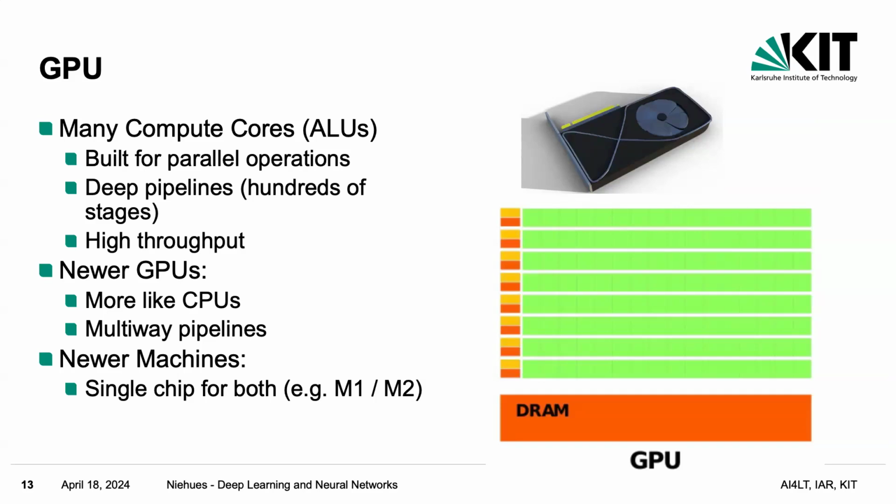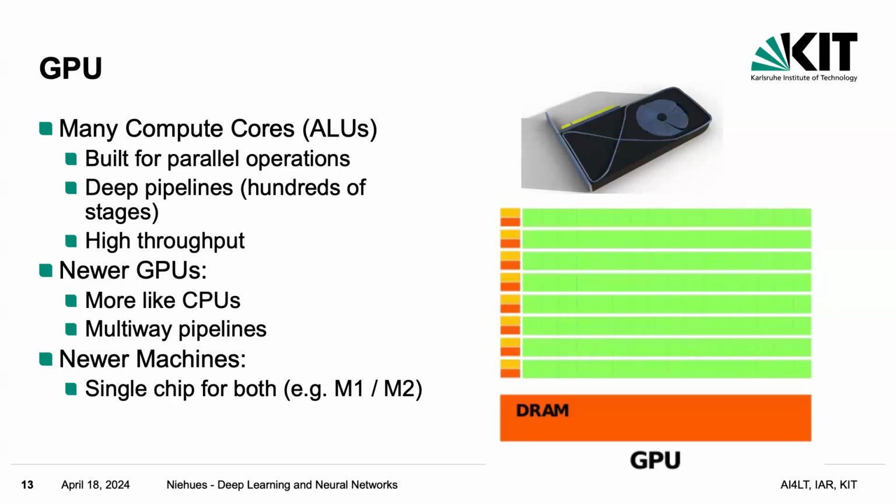In hardware it's called the single instruction multiple data paradigm: you have a single instruction and you want to apply it on a lot of different data points. That is exactly what we have to do in neural networks. We have one instruction, for example a matrix multiplication, and we have to do it for all the elements.